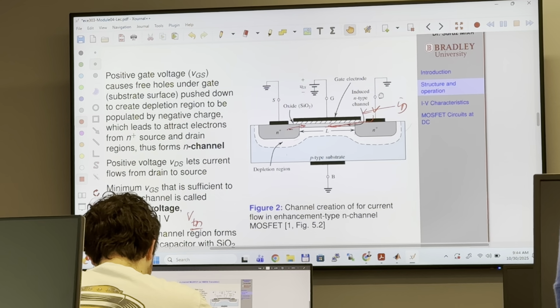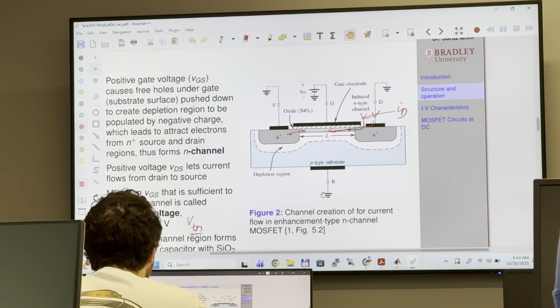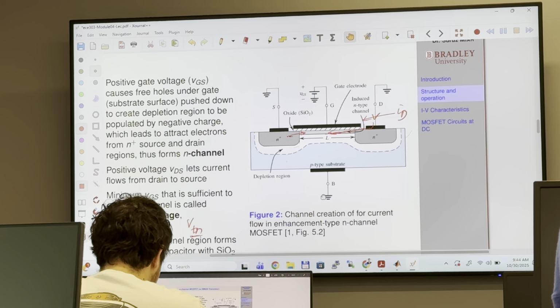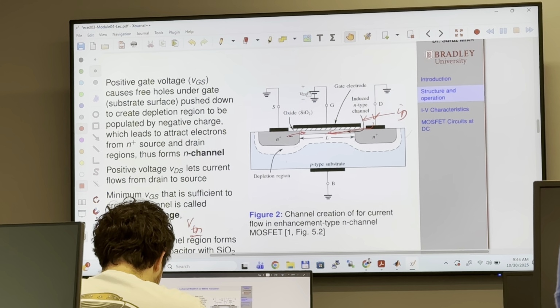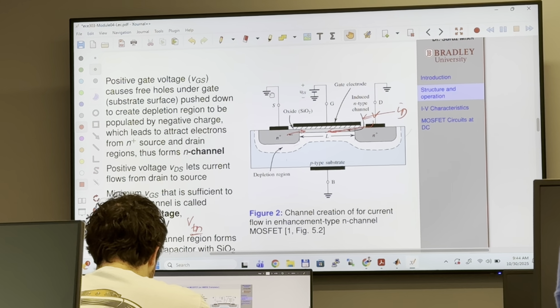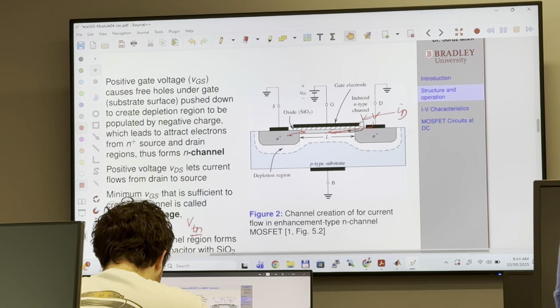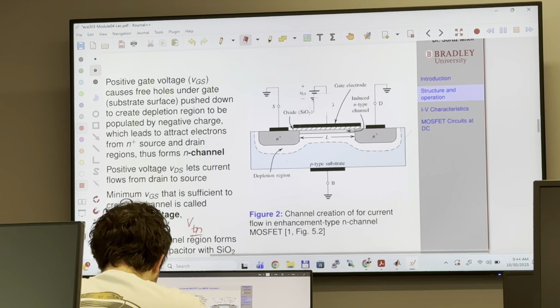Now, so far we did not apply any voltage at the drain terminal. We just applied voltage at the gate terminal, voltage with respect to source. That's why we see that this channel is uniform.